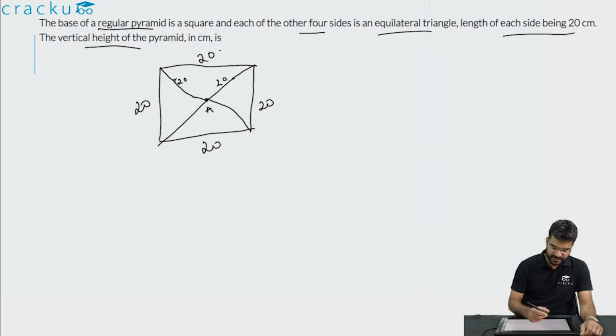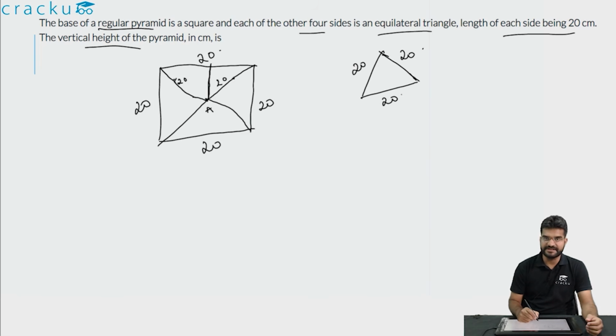So what we will first do is, for each of the equilateral sides, find out the length of the median. If you are looking only at one of the sides of the pyramid, we know that it is an equilateral triangle of side 20 centimeters.